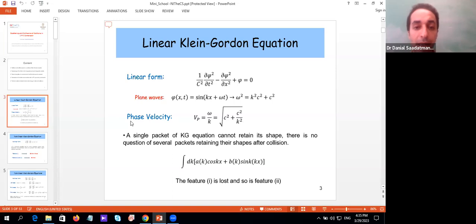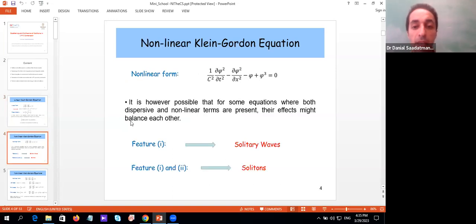But if we add a cubic term to the linear Klein-Gordon equation, we have the nonlinear Klein-Gordon model. In this situation, the nonlinear terms and dispersive properties can balance each other, and we can have solitary waves in such an equation.